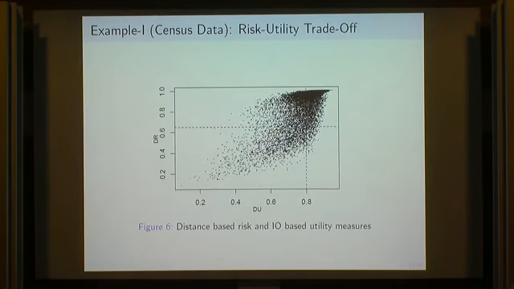Now, based on this interval overlap measure, so this is the disclosure risk based on distance measure, and this is the data utility measure based on the interval overlap measure. So here, 0.8.